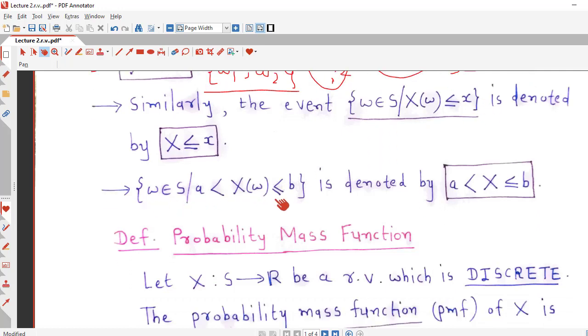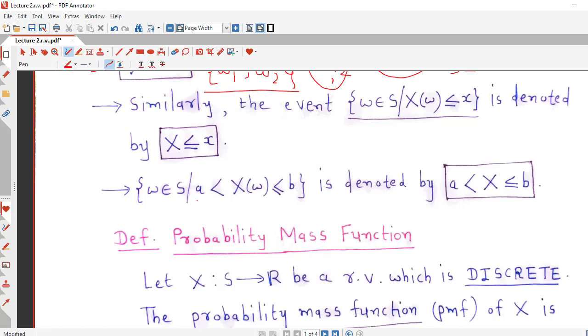And this is also similar to these two. The event omega belongs to capital S such that X of omega is in the open-close interval (a, b] is denoted by a less than capital X less than or equal to b.